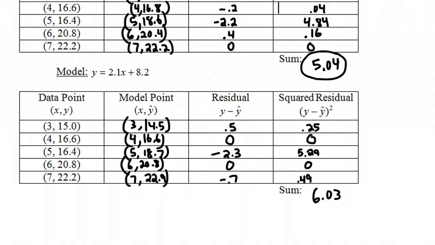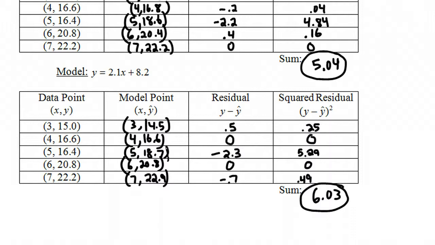As you can see, I filled in the rest of the data in this table. When I took the sum of the squares of the residuals, I ended up with 6.03. That, again, is a measure of the error in the model, and notice the error is a little higher than in the model above. So the model above fits the data better.